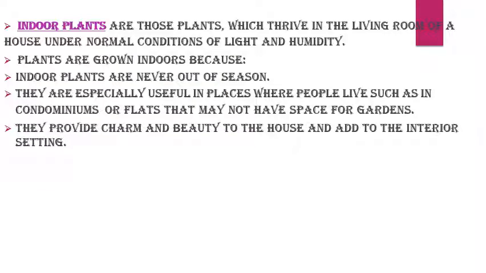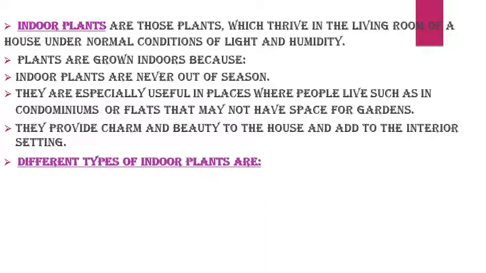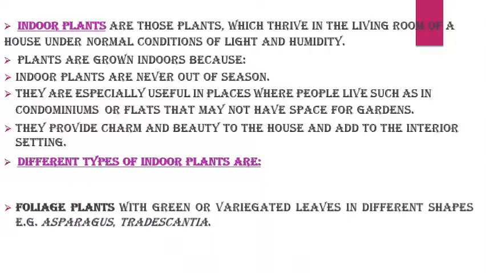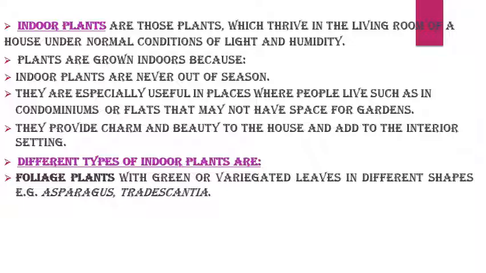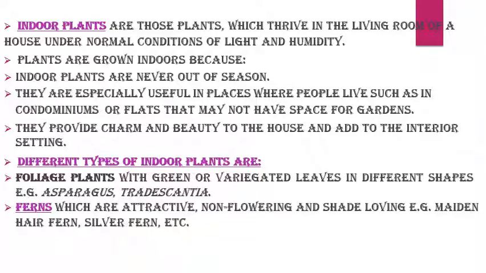They provide charm and beauty to the house and add to the interior setting. Different types of indoor plants are foliage plants with green or variegated leaves in different shapes. Examples: asparagus, tradescantia, fern, which are attractive, non-flowering and shade-loving.